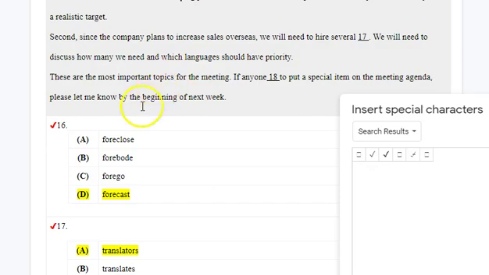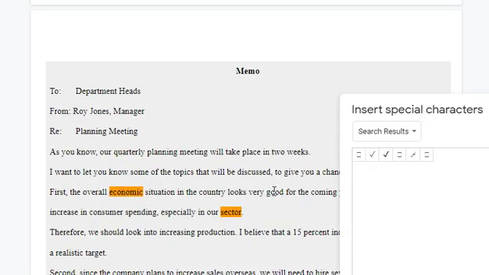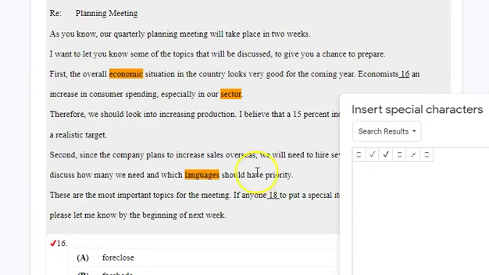We will need to discuss how many we need and which language should have priority. These are the most important topics for the meeting. If anyone desires to put a special item on the meeting agenda, please let me know by the beginning of next week.